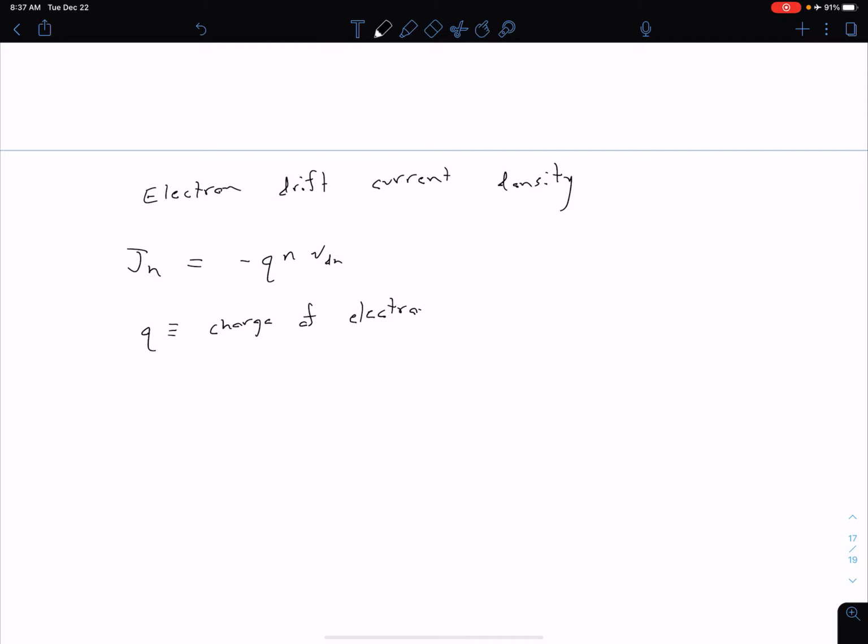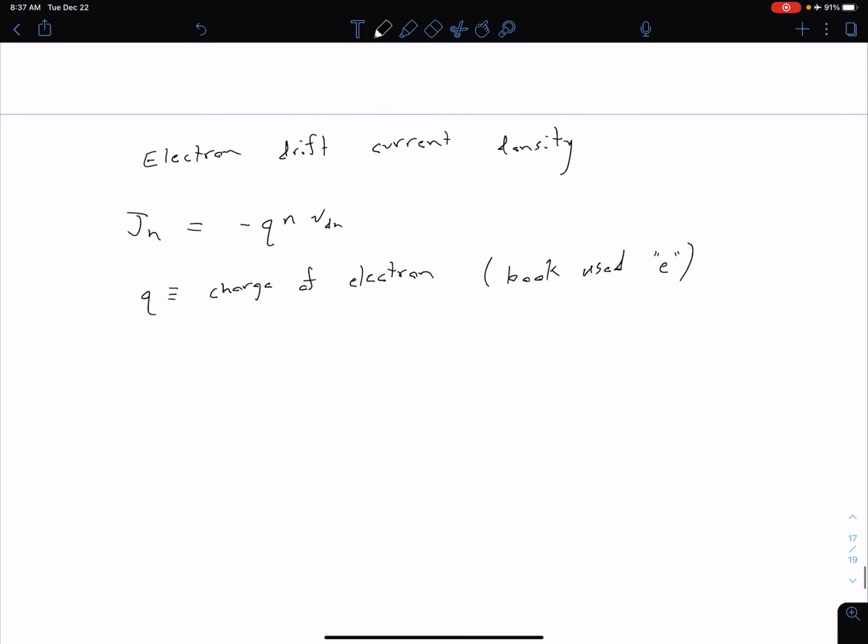So we'll see an example in the next video, but that's 1.6 times 10 to the negative 19. And remember, as I mentioned in a previous video, in the Neamen textbook, he uses the symbol e for the charge of the electron. So just in case you're looking there and get confused, that's what the difference is there. The n is the electron concentration, or the density of our electrons.